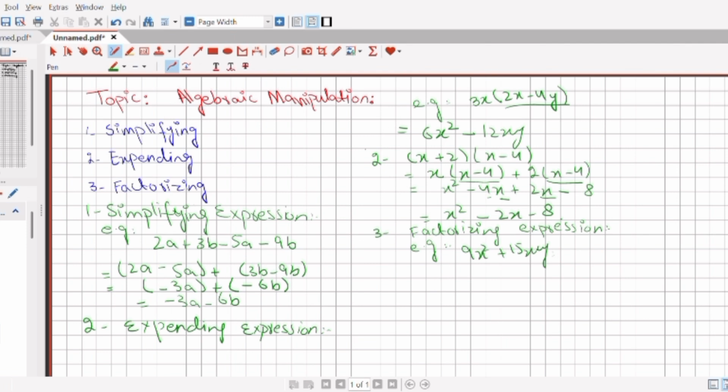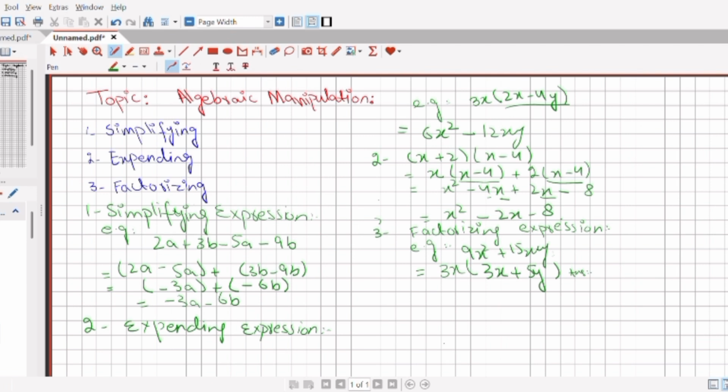So we can write it as 3x into: 3 times 3 is 9, x gives x squared, so we write 3x plus, 3 times 5 is 15, x we have taken as common, and we have y here. This is the answer.